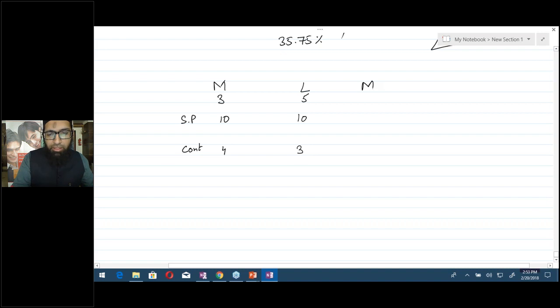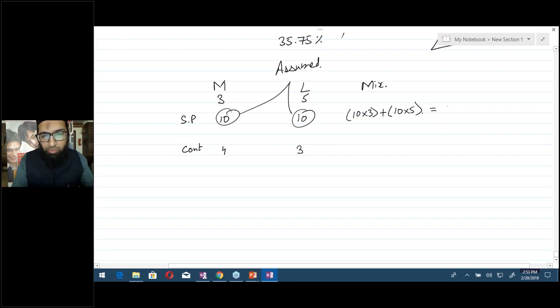So the mix will be, both of these values, remember that I have assumed. So it will be 10 into 3 plus 10 into 5. So it will be how much? It will be 80. Similarly, this will be 4 into 3.